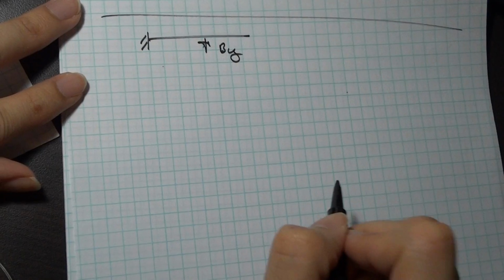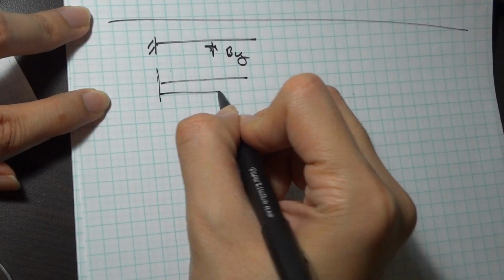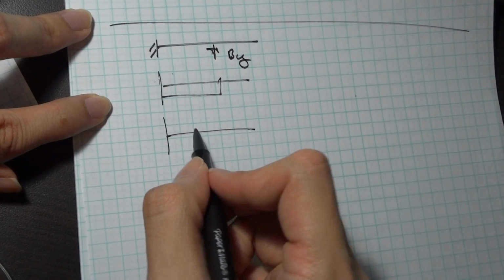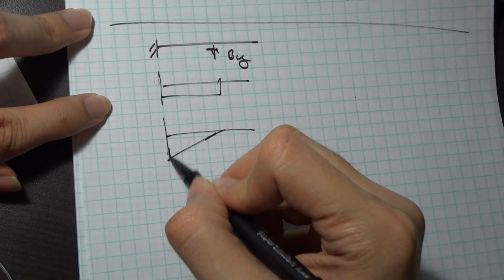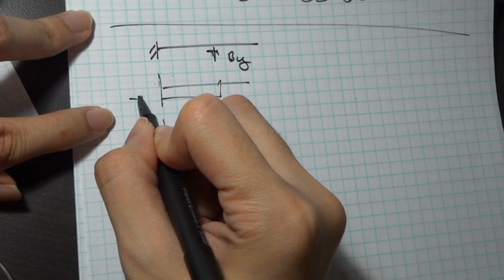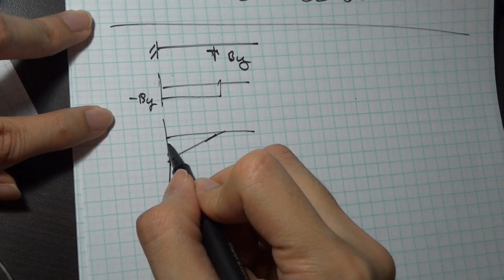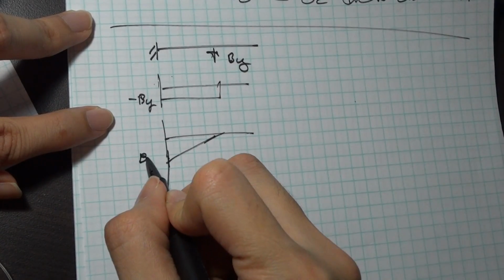My moment diagram for this is just going to be a triangle. My shear diagram is like this. My moment diagram is like this. The height of this is going to be negative By here. The height of this is negative ByL, or sorry, positive ByL.